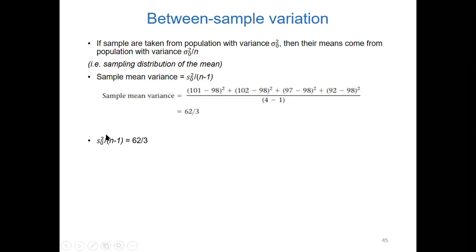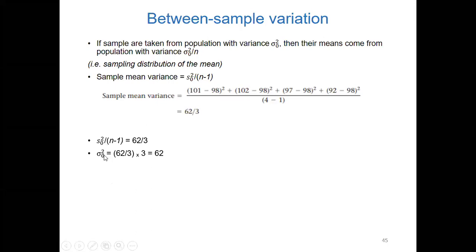And S0 squared divided by n minus 1. That is the sample mean variance. That is equals to 62 over 3. Right? Now, here I replace this S0 from the variance because normally here we talk about the population.